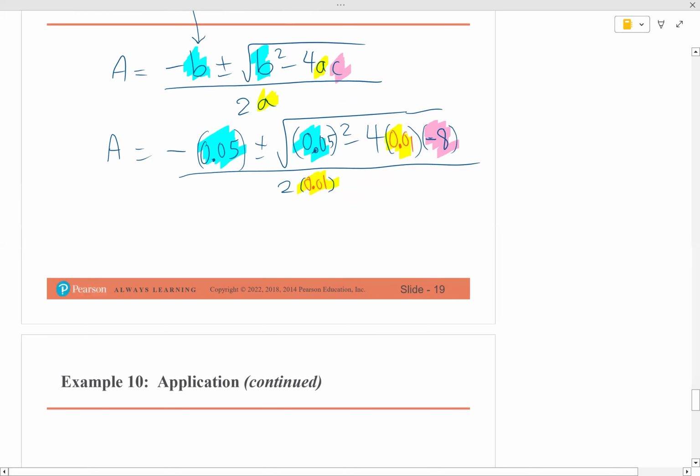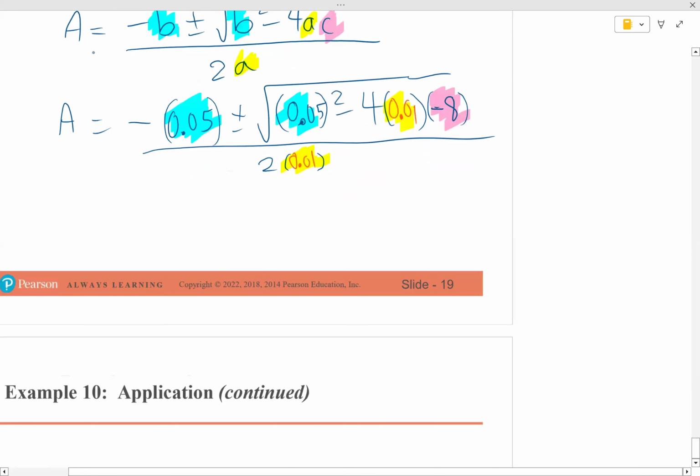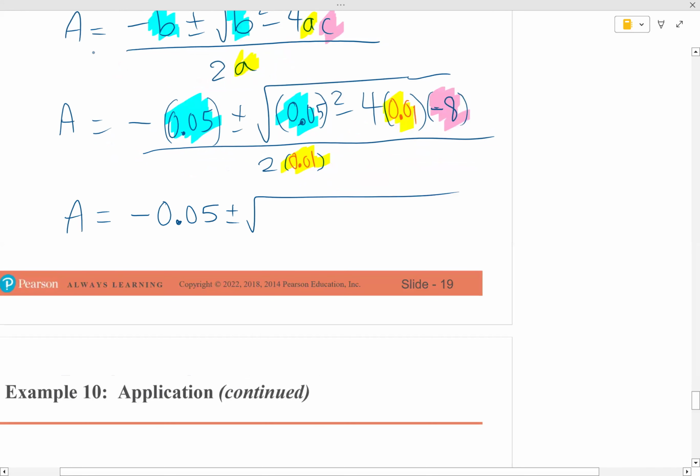Let's see if I can start whittling away at this thing. -0.05 plus or minus the square root of. I'm going to square this, and I'm going to use my calculator because maybe I'm not awake enough. 0.05 to the second power is 0.0025.